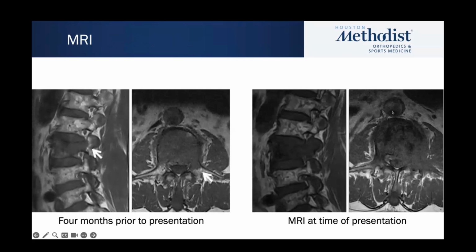And then 4 to 6 months later, this has clearly progressed and has become expanded into all the posterior elements and on the left side. The patient had a laminectomy done upon presentation and a biopsy done at that time.